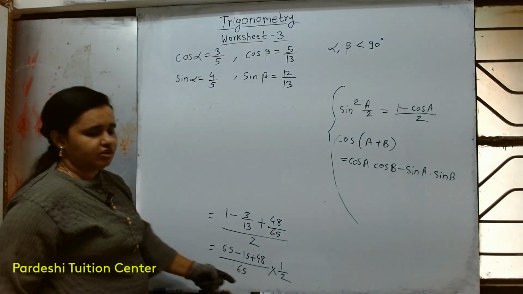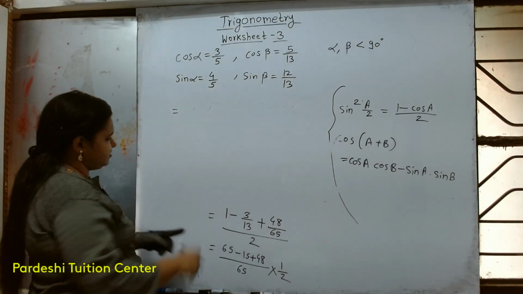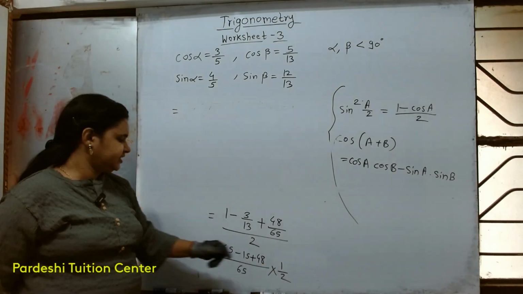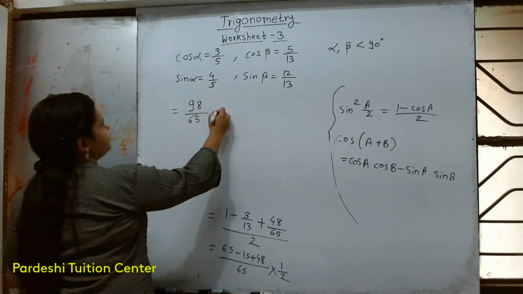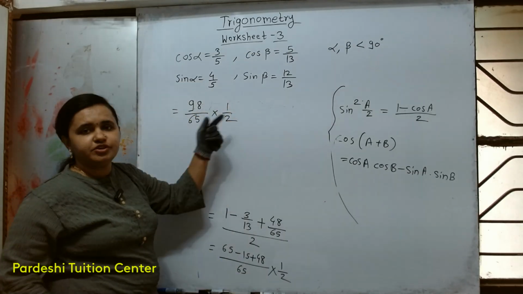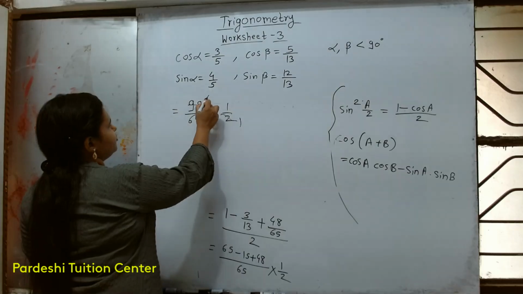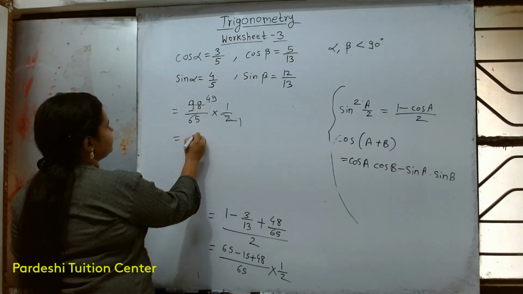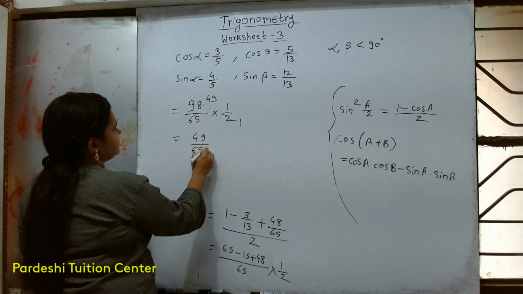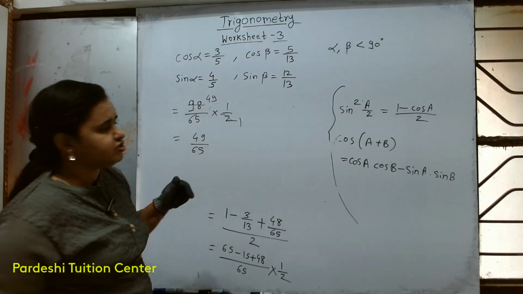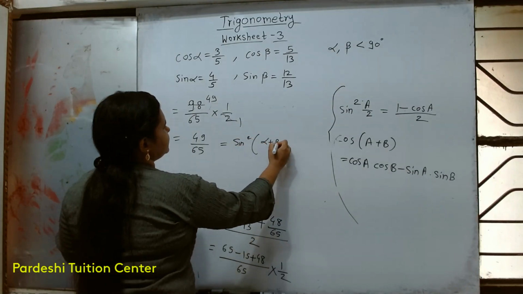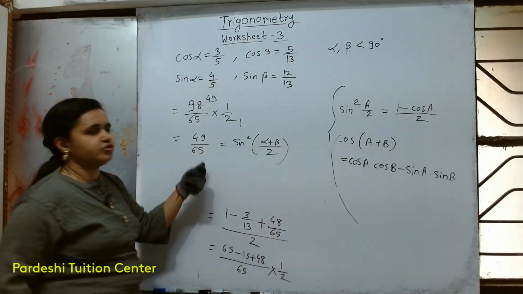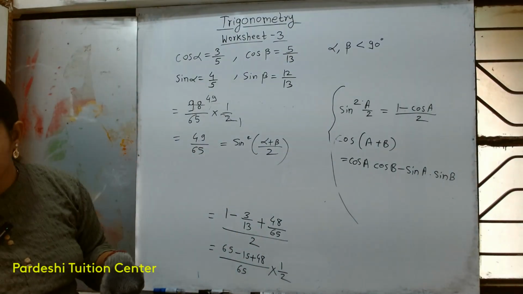By solving, 65 minus 15 is 50, 50 plus 48 is 98, 98 upon 65 into 1 by 2. So 2 1s are 2, 2 49s are 98. Our answer will be 49 upon 65. So for sin square (alpha plus beta) by 2, our answer is 49 by 65. So the option is the second one.